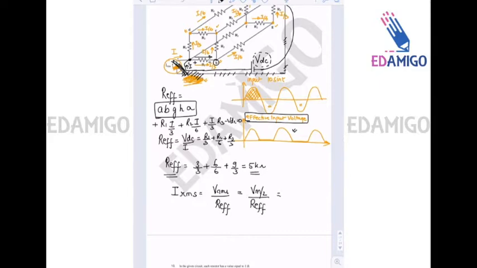We know that. And what is the maximum value Vm? That is 10. So 10 divided by 2 divided by 5 kilo ohms, that is 1 milliampere. So this is your answer.